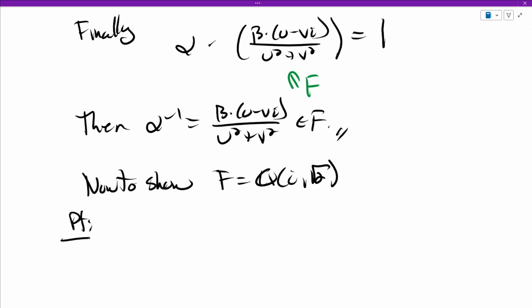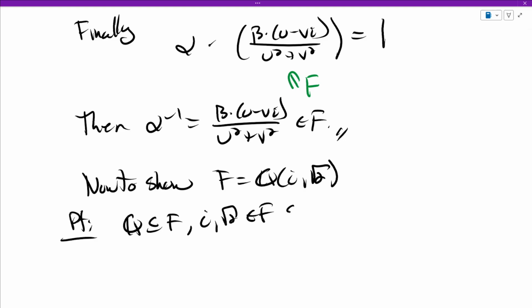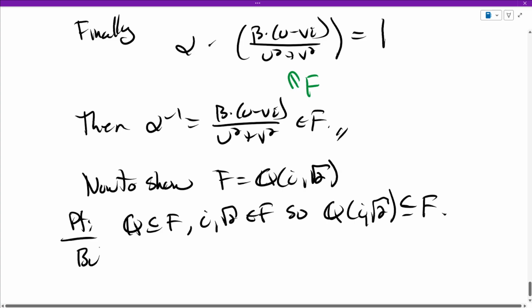Well, Q is a subset of F, and I and root 2 are in F, so Q adjoin I, root 2 is a subset of F. That's all you need with this smallest language we're using. The generating set is in F, so the field generated by that generating set is a subset of F. Sorry, that's one of the containments.